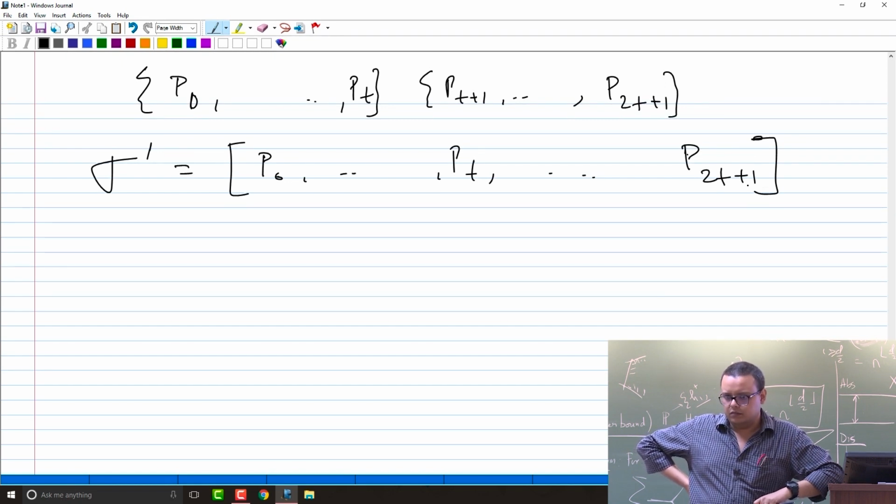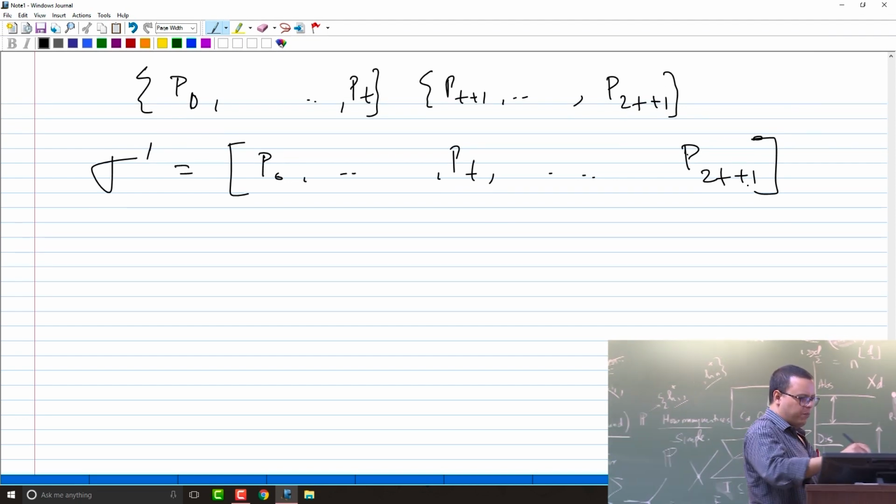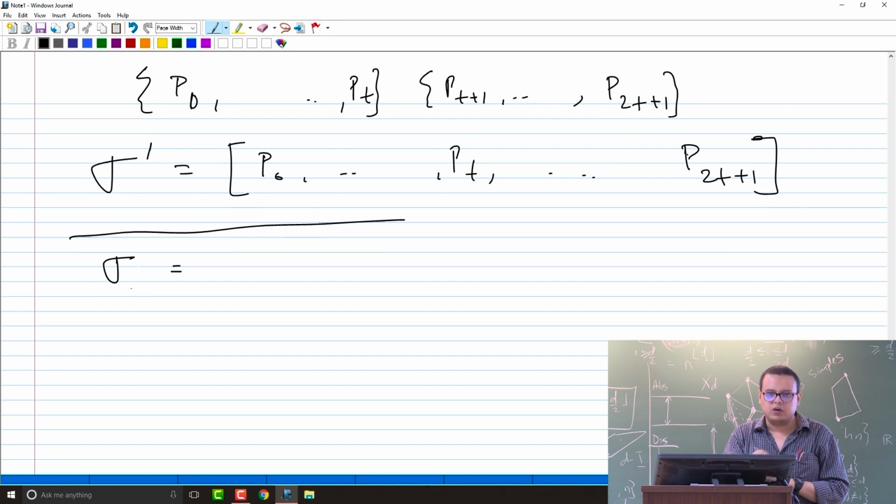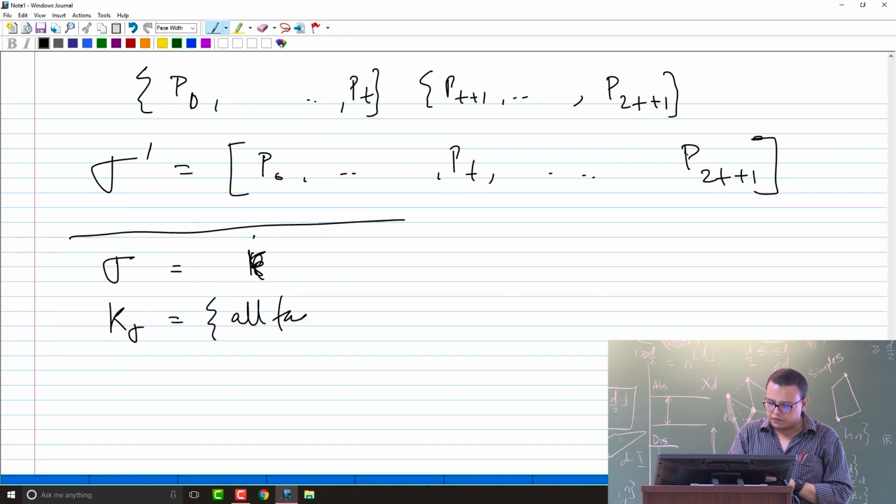Right. My claim is now, before I prove this, let us say I have a simplex sigma, and I am making a simplicial complex out of sigma. How? I have the simplex sigma and let me write the complex K sigma to be all faces of sigma.